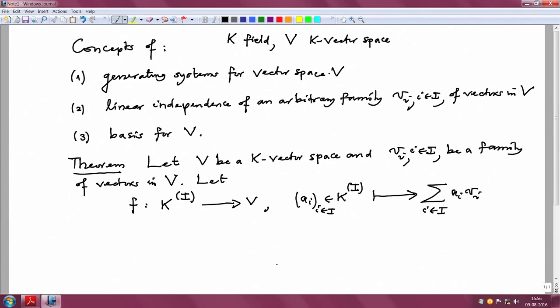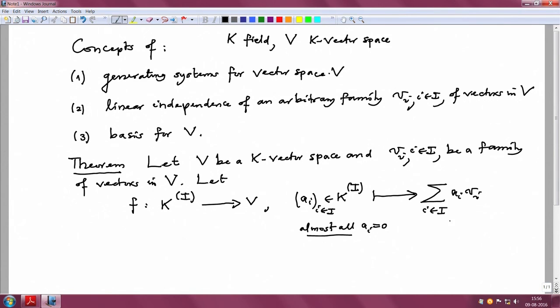So, first of all, let me remind you that when we write K power round bracket I, we consider those tuples for which almost all Ai are 0. Almost all means all but finitely many components are 0, and therefore this sum makes sense, because in this sum really only finitely many Ai are non-zero.